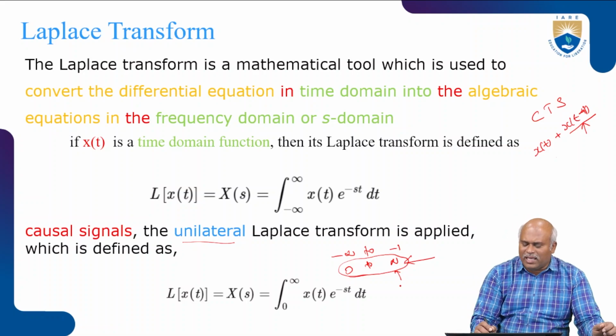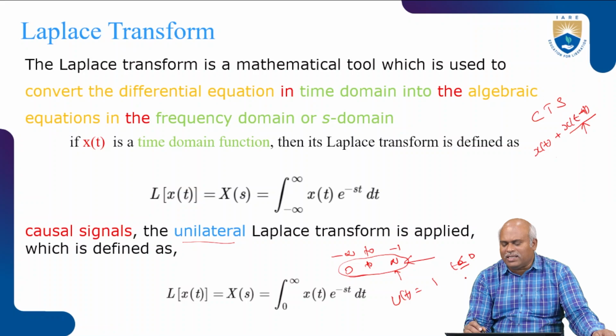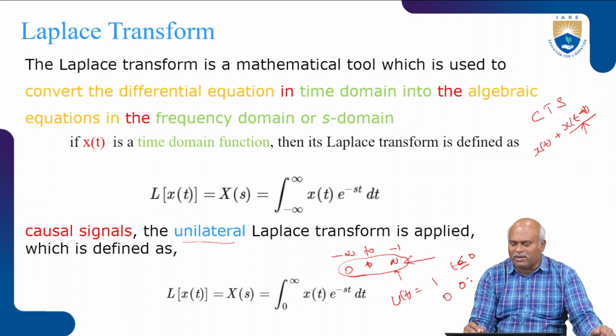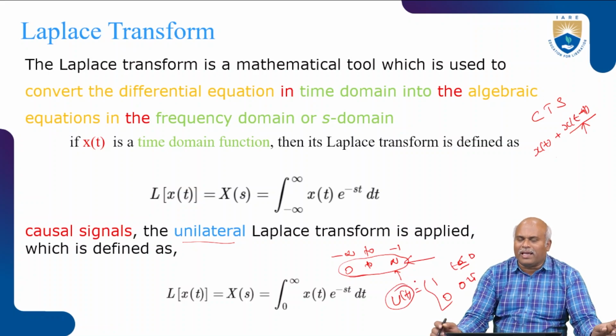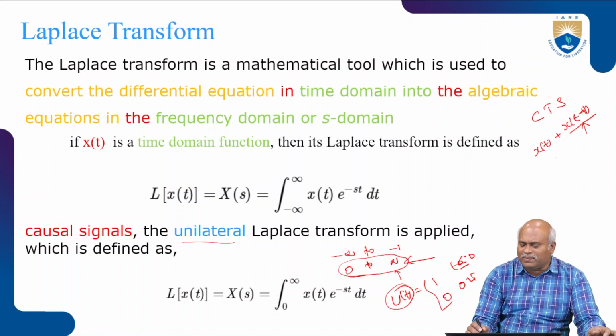Here u of t is 1 when t is greater than or equal to 0, and 0 otherwise. So u of t is the unilateral, or causal, signal case.